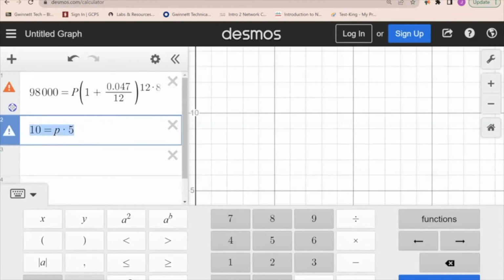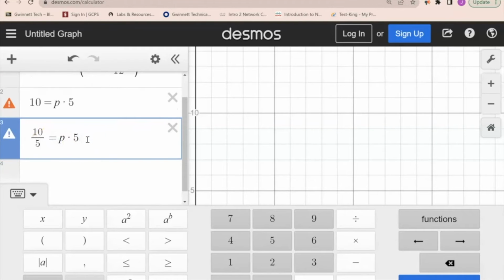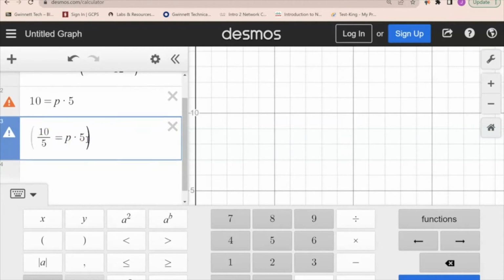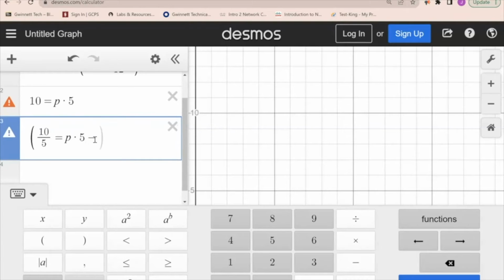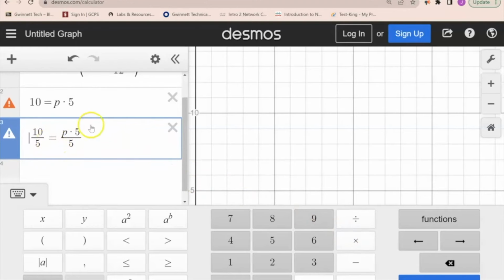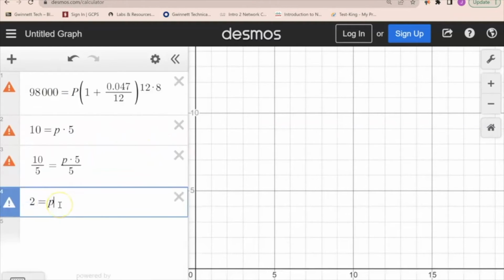So you would say this side divided by 5, and this side divided by 5. Because these two 5s would cross out, leaving just 10 divided by 5, which would be 2, which is equal to p. So p would be equal to 2. And what you would have done is just divided both sides by 5 to isolate p.